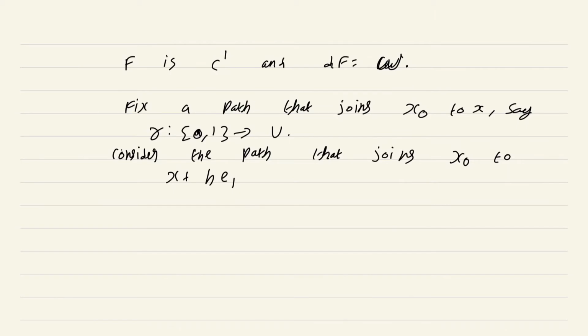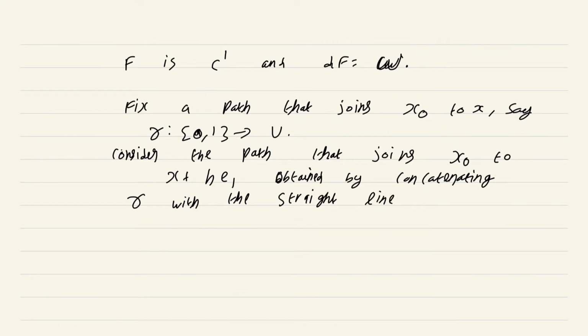Consider the path that joins x naught to x plus h e1 obtained by concatenating gamma with the straight line path t going to x plus t e1, where t is in 0 comma h.